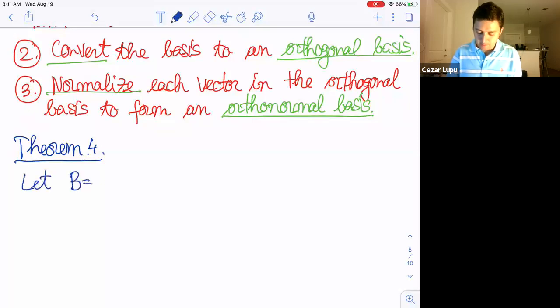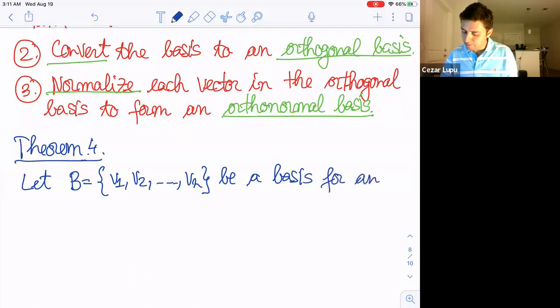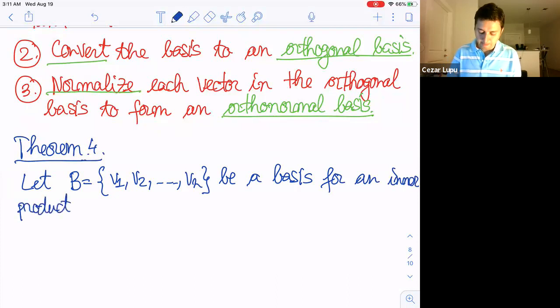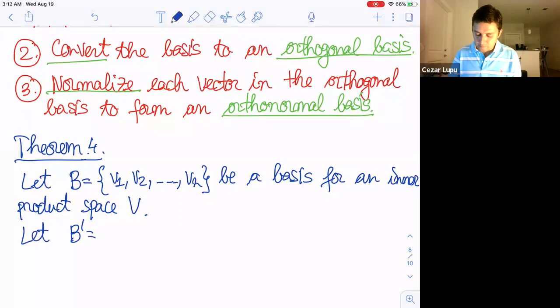Let B, consisting of the vectors v1, v2, ..., vn, be a basis for an inner product space V. Now let us consider another basis, which will consist of the vectors W1, W2, ..., Wn.